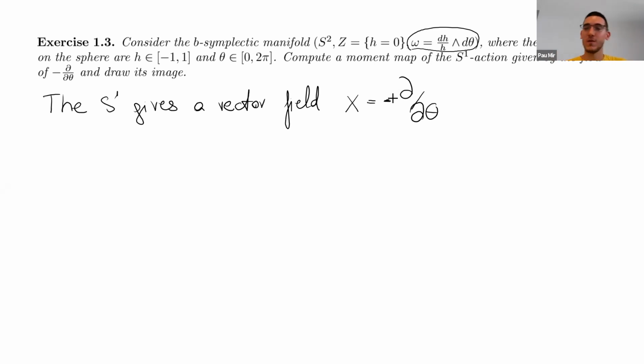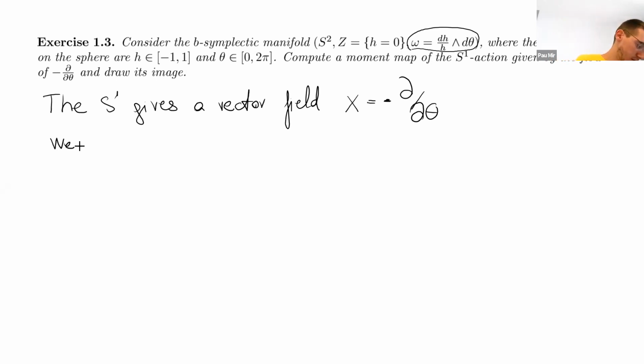And then we want to see what happens with this flow. This flow is in fact a diffeomorphism of the sphere on itself, and we are looking for a moment map of this action, which is a Hamiltonian action.